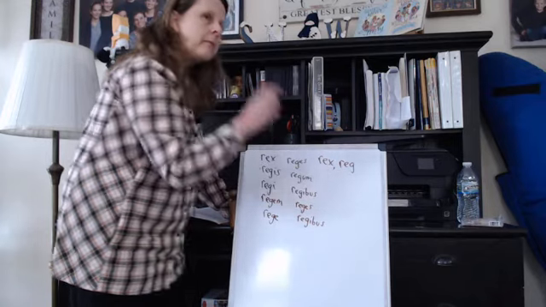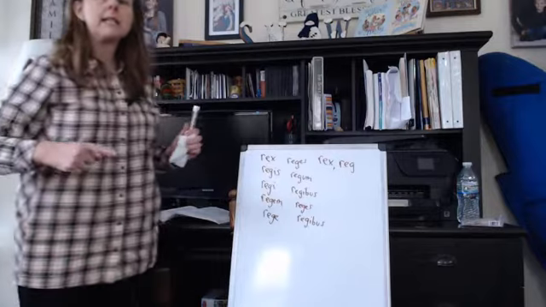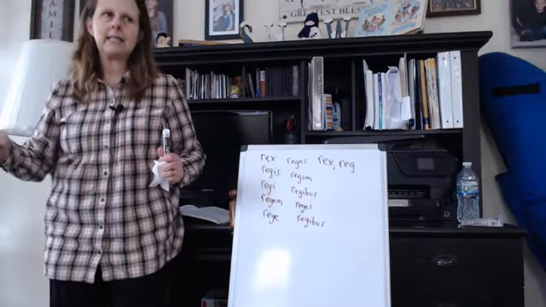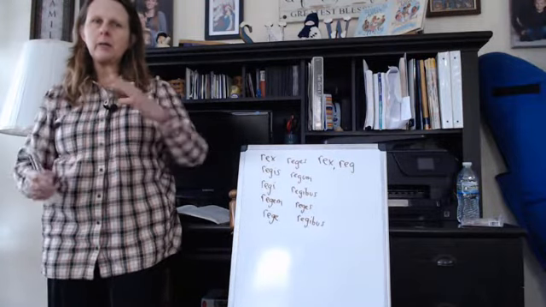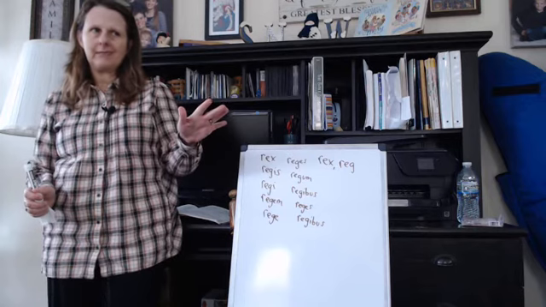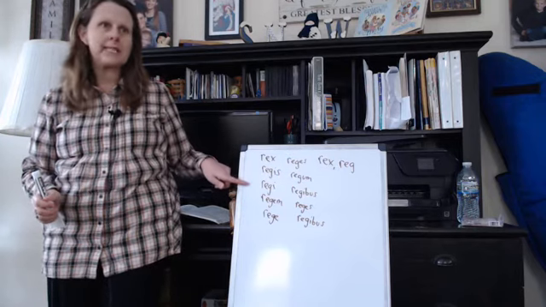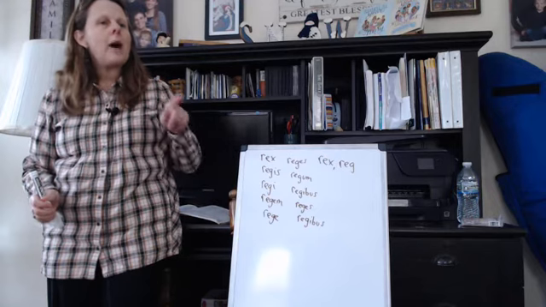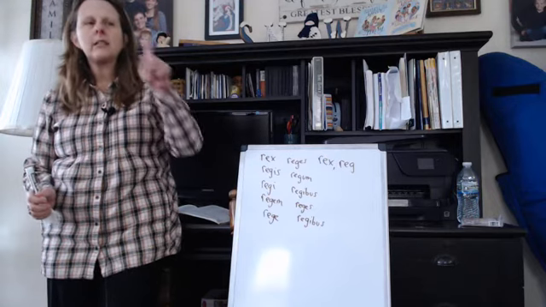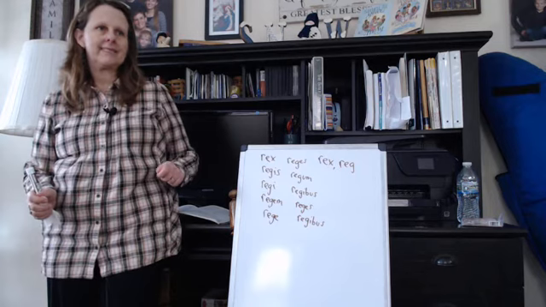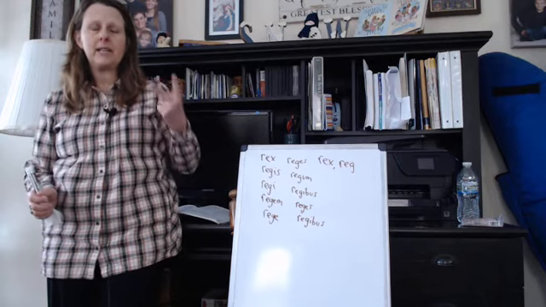And if I don't memorize that rex, regis means king, if I just memorize that rex means king, I can't do it. I can't decline it. I don't know the stem. So I have to memorize that rex, regis means king. I have to memorize the nominative and the genitive.